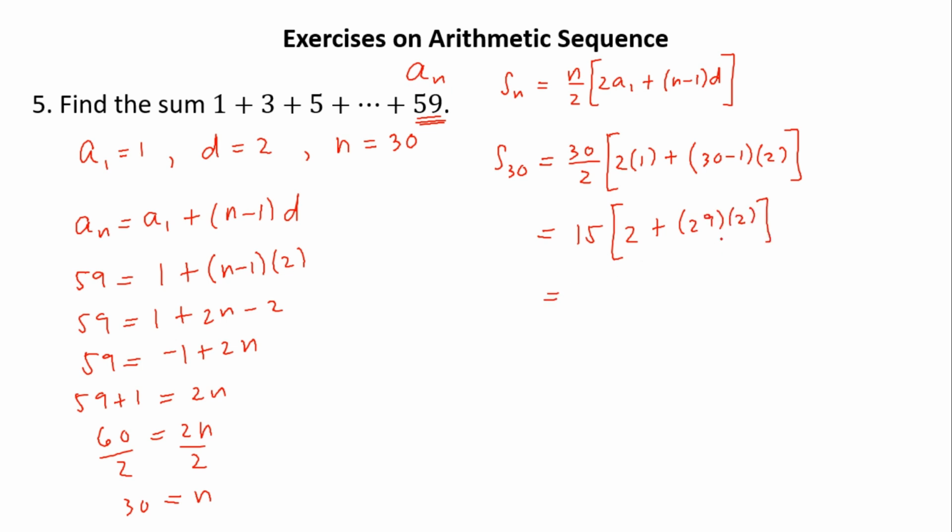Simplifying the inner operation, we must have 2 plus 29 times 2 is equal to 58. So this is 15 times 60. So the final answer here is 15 times 60, which is 900.